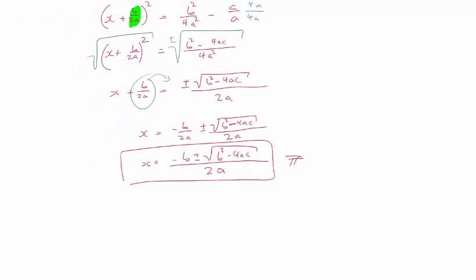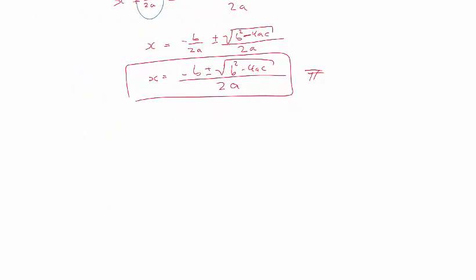Okay, so let's do a quick example of using this one. So let's start with the example. 2x squared plus 3x plus 1 equals 0. And we're going to use the quadratic formula here. So we'd say x equals, and we're going to color code this real fast.